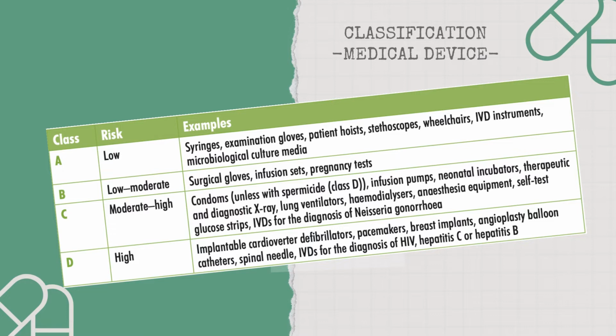The classification rules for medical devices other than IVDs depend on the features of the device, such as whether it is life-supporting or sustaining, is invasive, and if so, to what extent and for how long, whether it incorporates medicinal products, incorporates human or animal tissues or cells, whether it is an active medical device or it delivers medicinal products, energy, or radiation, whether it could modify blood or other body fluids, and finally, if it's used in combination with another medical device. Here we can see the table with the four classes, A, B, C, and D, their risk, and some examples.